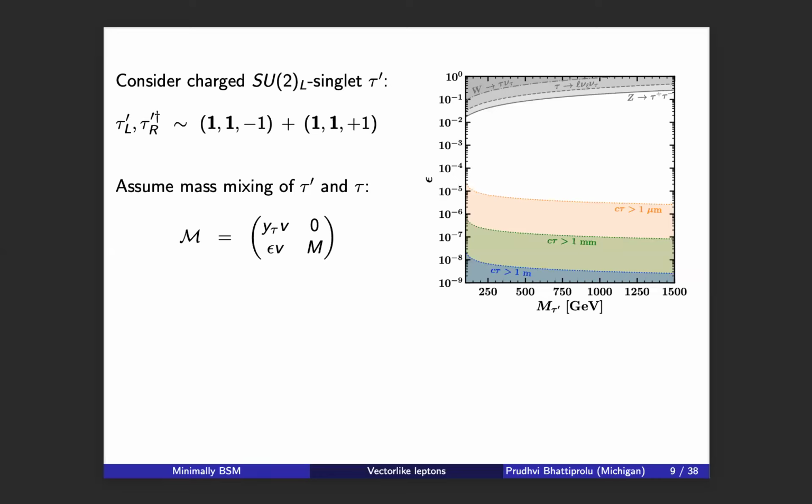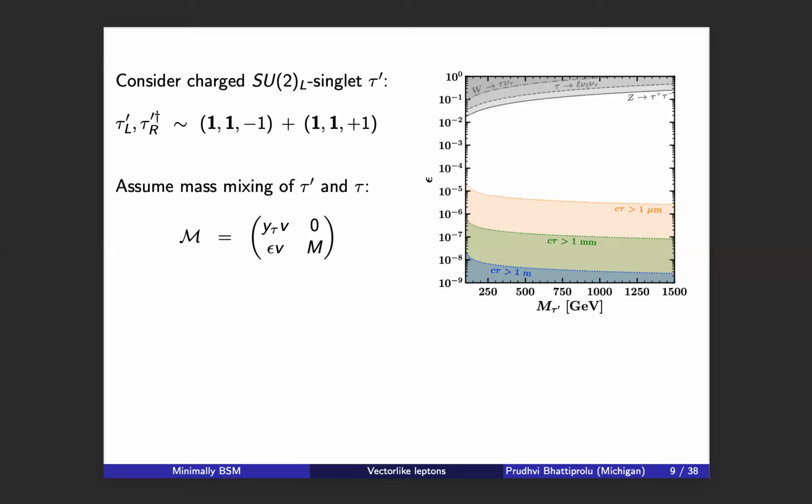So it can be anywhere in here. So the branching ratios don't depend on whether it's between 10^-2 and 10^-5. Yeah, it doesn't, because the partial widths go like epsilon squared for all of these. And then if I take the ratio, it just cancels out.